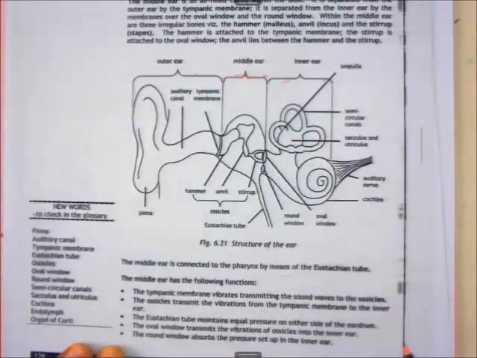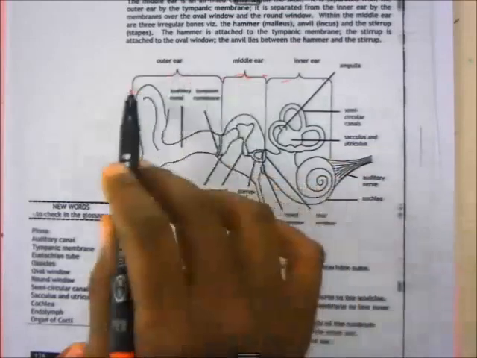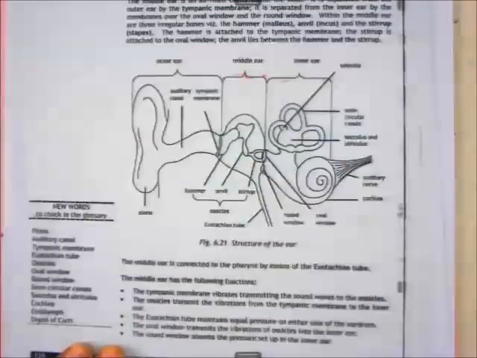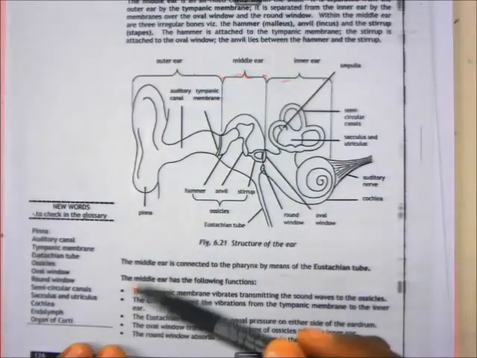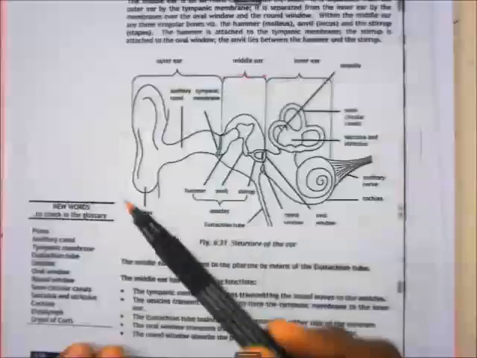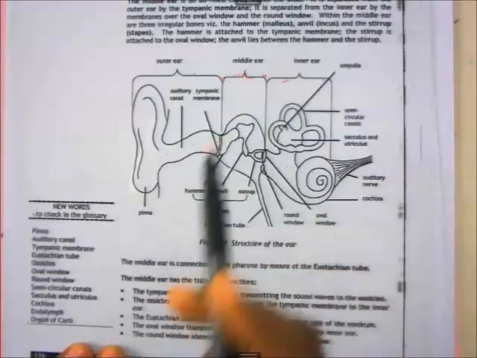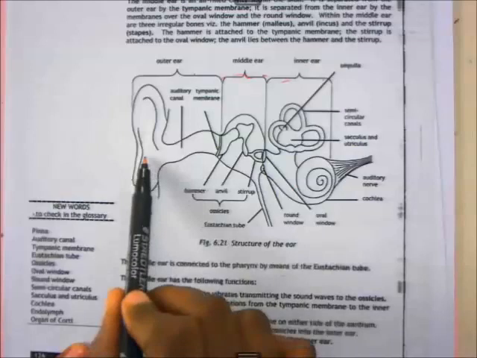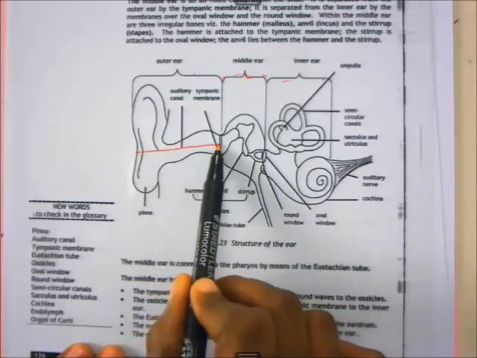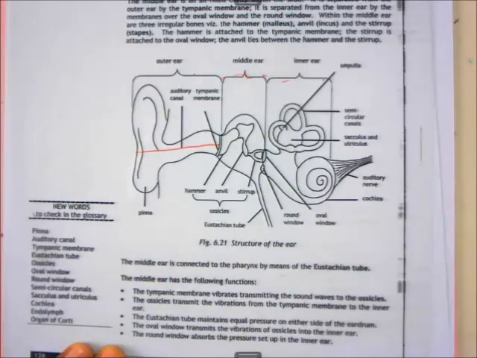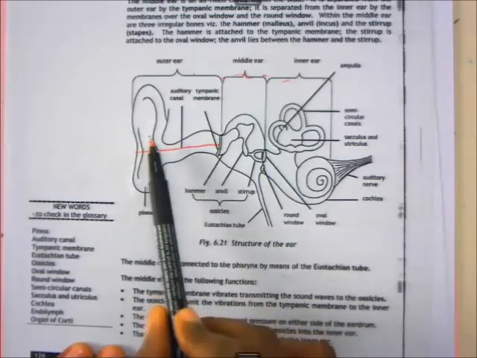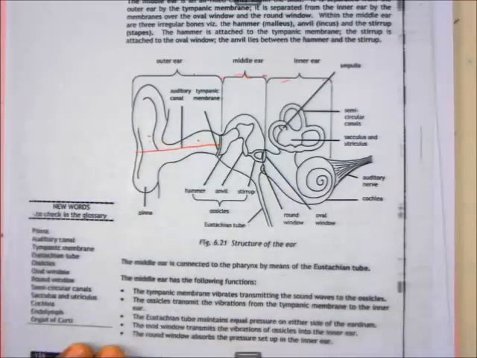What we need to know about the outer ear, number one, is that the outer ear is air-filled, meaning that this part here, from here up until here, is filled up with what? With air. The outer ear is made up of two parts.